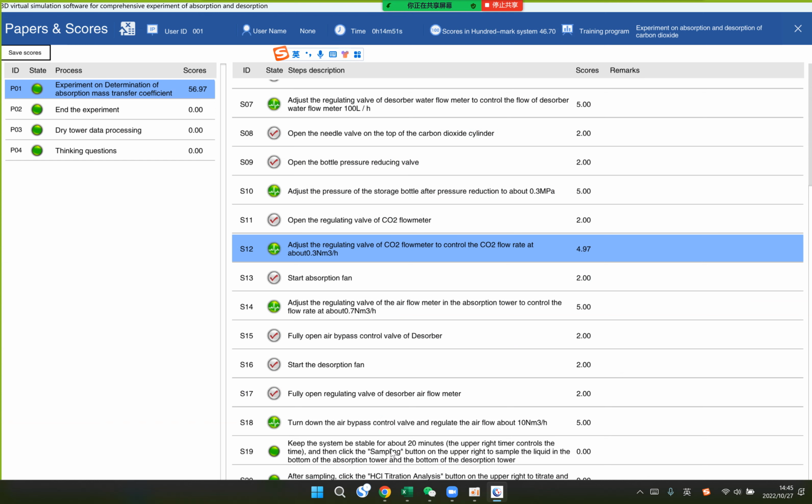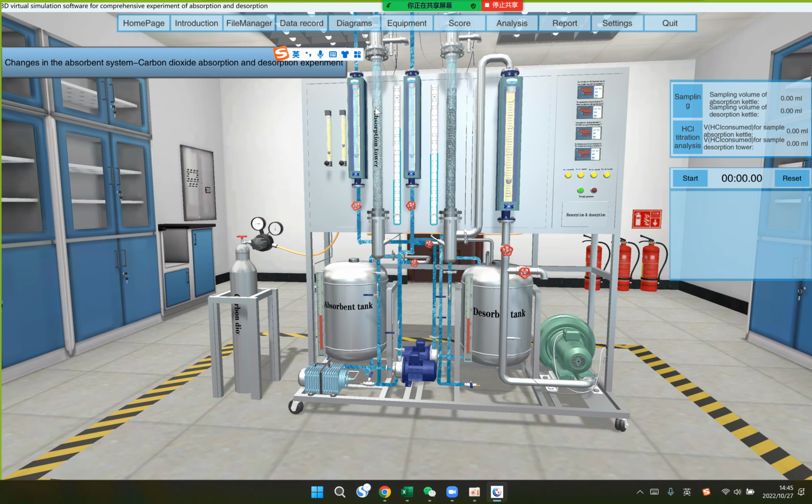20 minutes. Now the mass transfer is already proceeding. The air and the liquid move in a counter-current way to mass transfer with each other in the absorption tower, and then we'll just keep about 20 minutes to be stable.